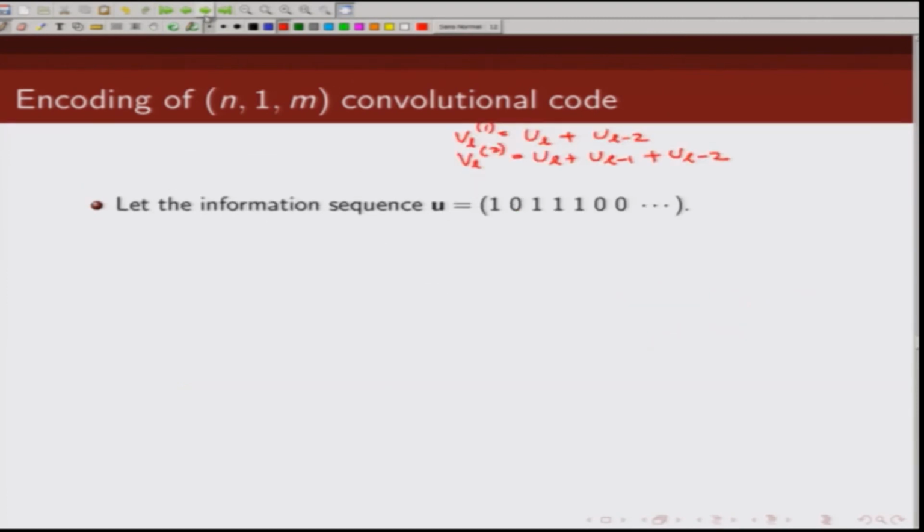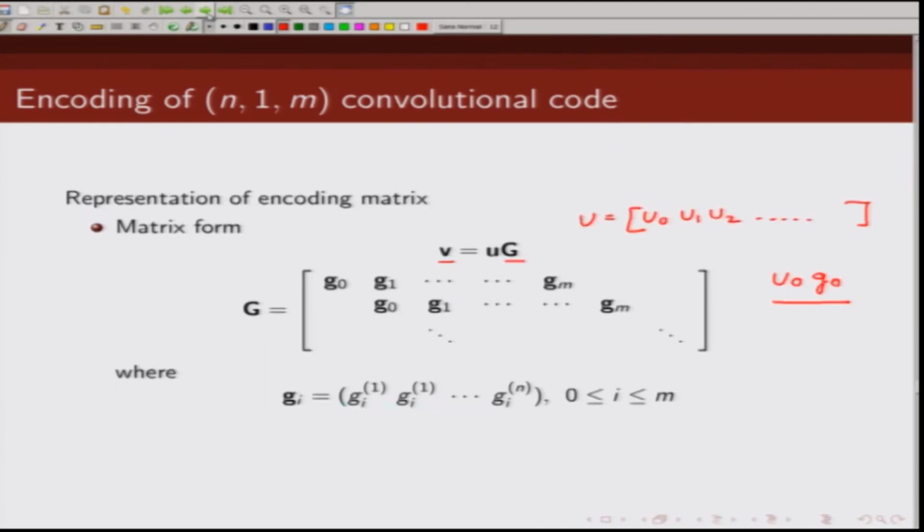So, in the second time instance my output is given by U1 times G0 plus U0 times G1, fine.